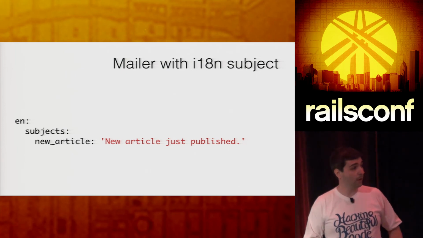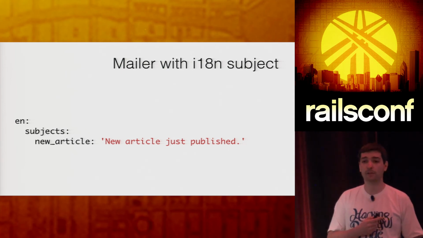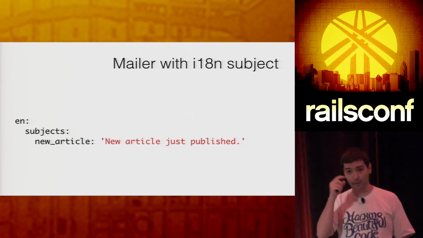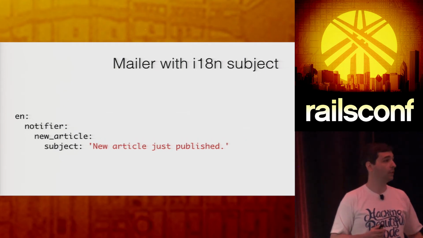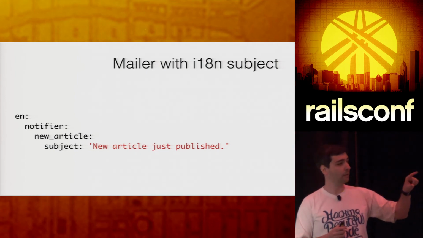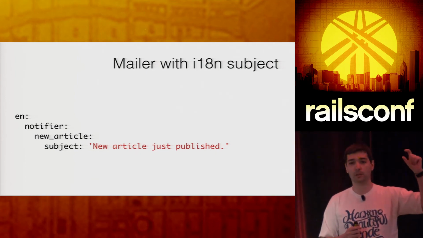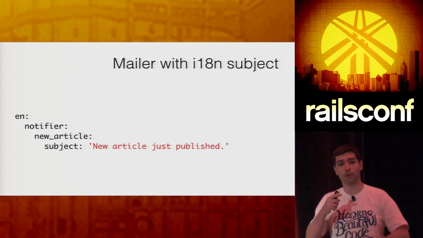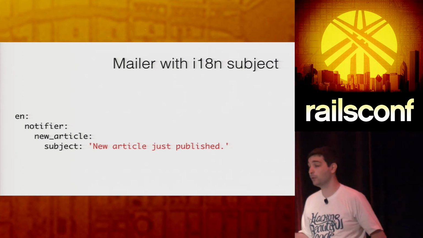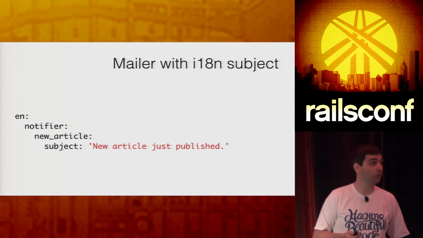What some people are not aware of is that Rails already has this built in for you. It was in that comment that we just erased, right? So you can just change your locale file a little bit like that using notifier, which is the mailer name, new_article, which is the method name, and subject, for you to define which is the subject you want to use. And it's just going to work.